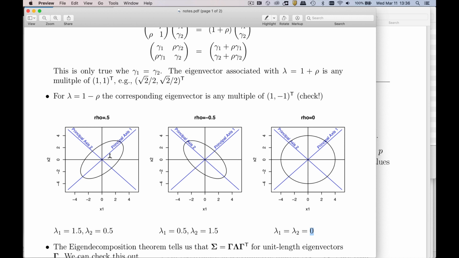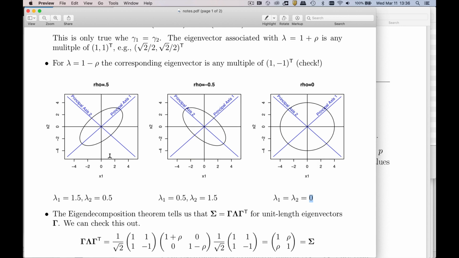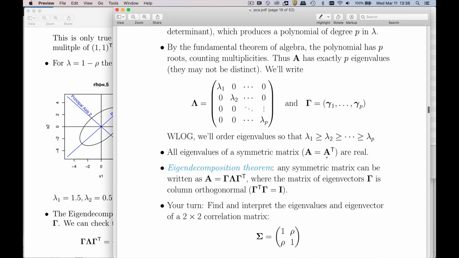All right, I'd like to do one more thing with this toy example that we have here. The eigen decomposition theorem said that we can take any symmetric matrix and write it as a product of the eigenvectors and eigenvalues.